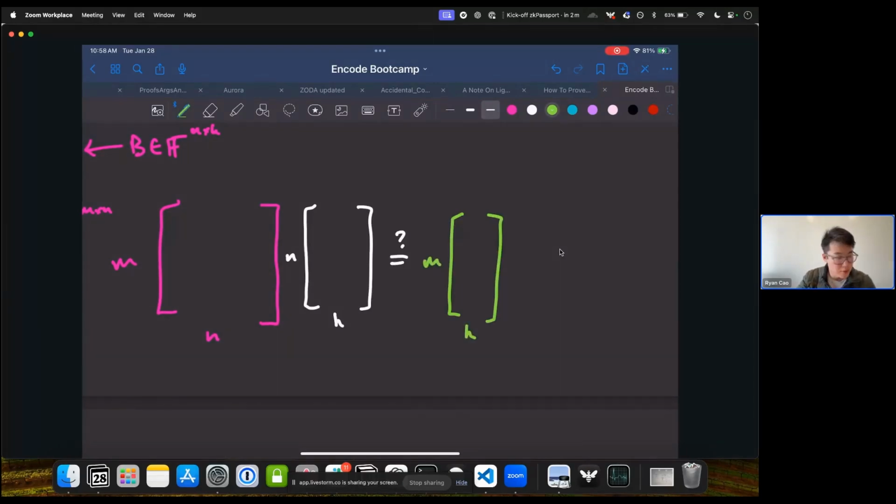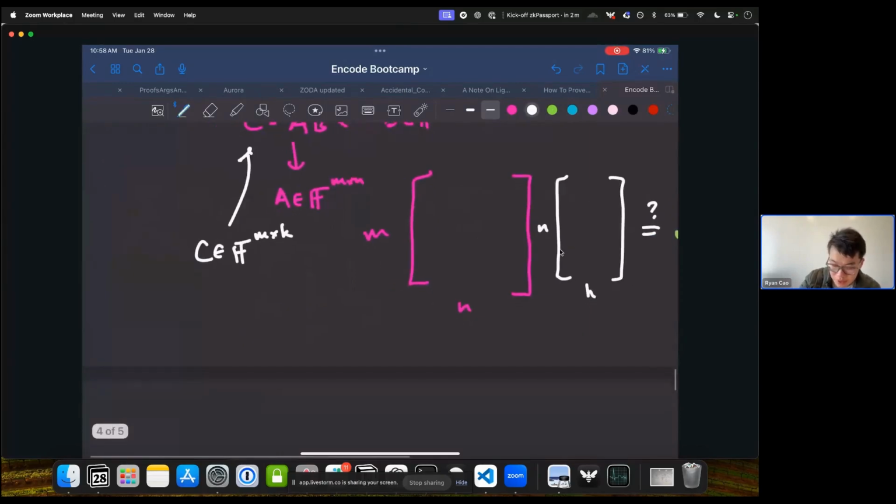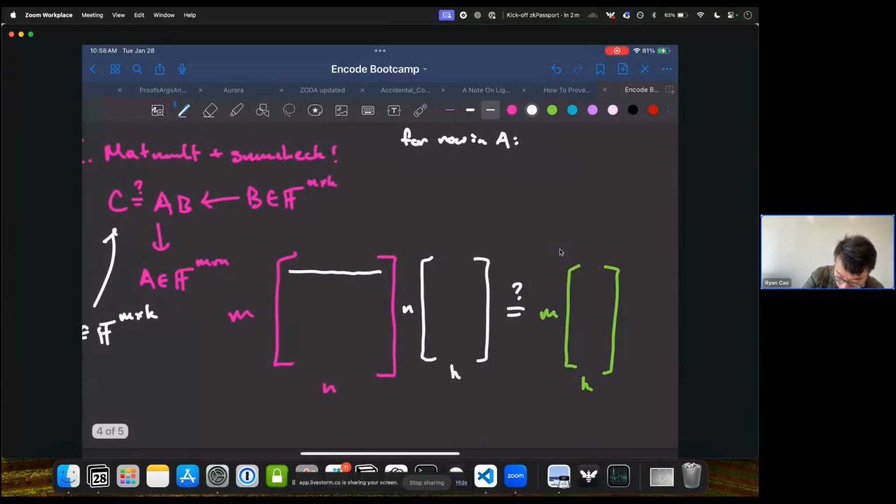Okay. And then the way that matrix multiplication typically works is that you iterate. If we were to write this in code, we would say something like for row in A. In other words, we're going to iterate through all the rows of the first matrix. Let's make this pink so that it's color consistent.